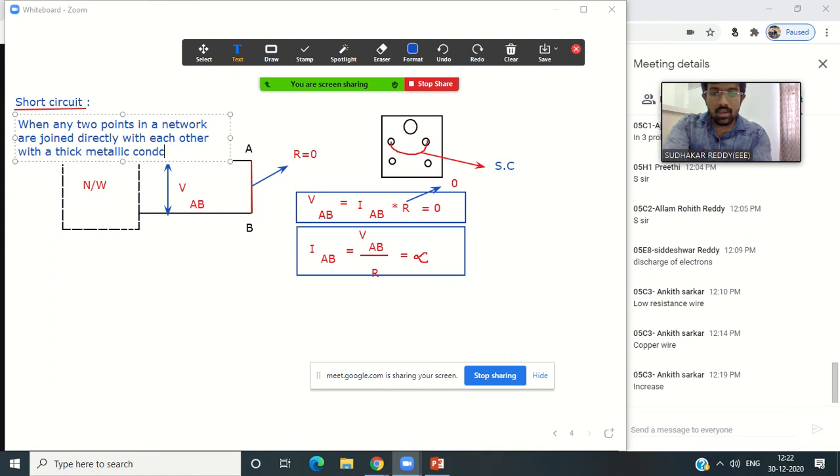So with a thick metallic conducting wire, then the 2 points are said to be short circuited.